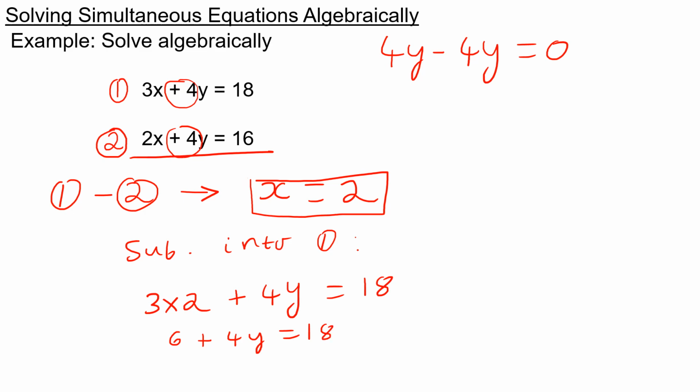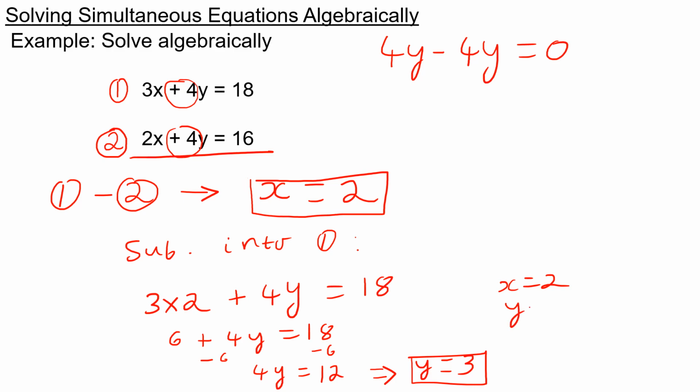I can subtract 6 from both sides, so 4y is equal to 12. And now I can divide both sides by 4 to leave me with y equals 3. So my answers are x equals 2 and y equals 3.